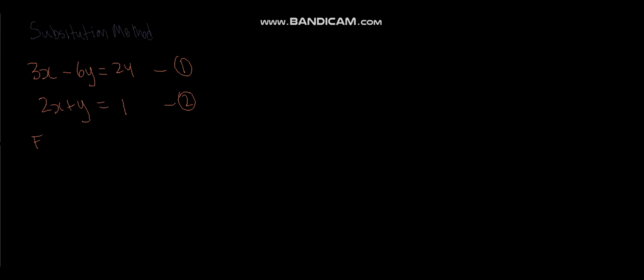So from equation 2, y would be 1 minus 2x. Call this equation 3. Now, from the equation you have chosen and making whatever variable, be it the y or the x, you need to take this equation 3 and substitute it into equation 1, or the initially unchosen equation.